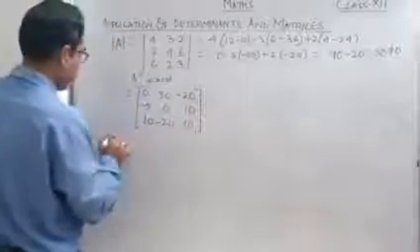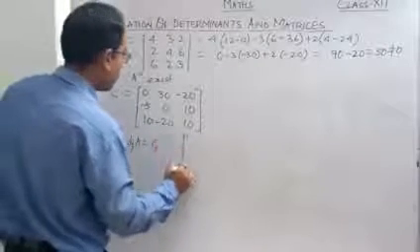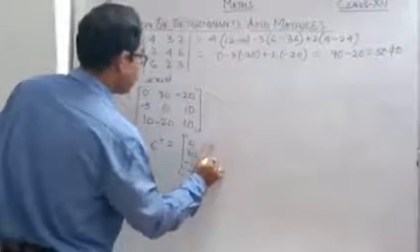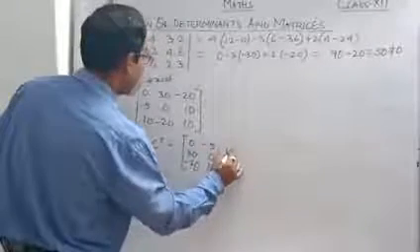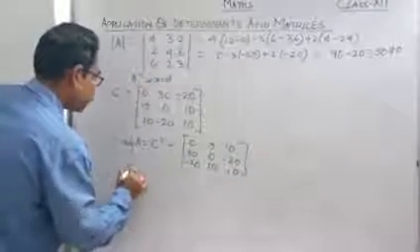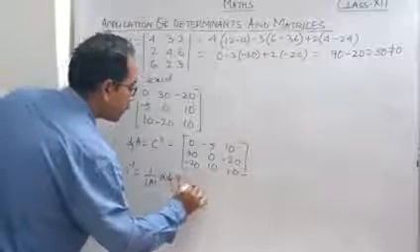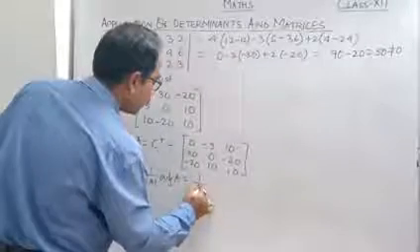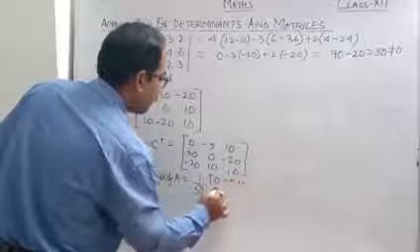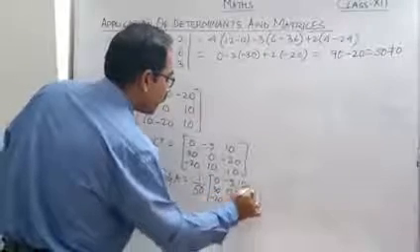Therefore adjoint A equal to transpose of C, that means 0, 30, minus 20, minus 5, 0, 10, then 10, minus 20, 10. So A inverse will be 1 by mod A times adjoint A, that means 1 by 50 times the adjoint 0, minus 5, 10, 30, 0, minus 20, minus 20, 10, 10, correct?